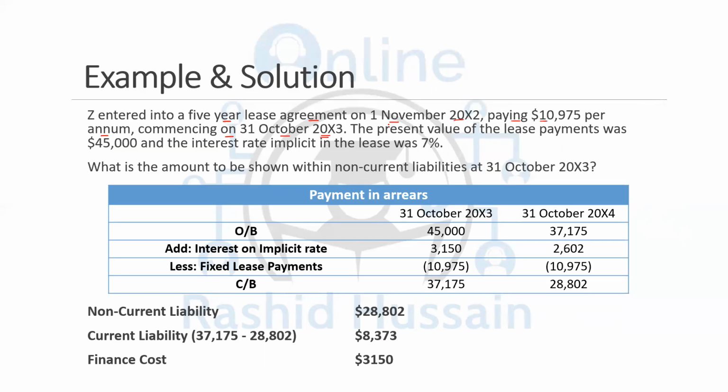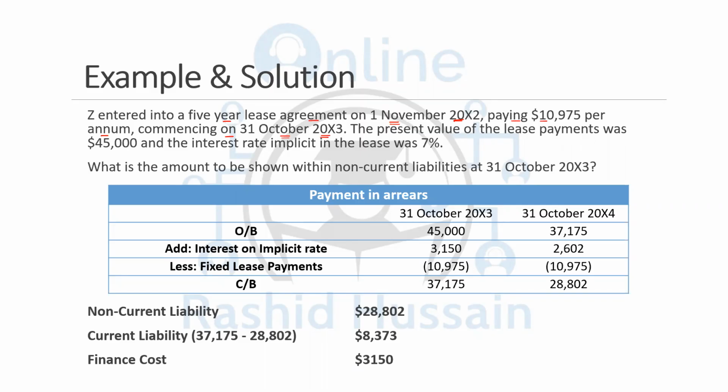See, they are entering into the lease agreement on 1st November 20x2, and they will be making annual payments of 10,975 commencing on 31st October 20x3, which is right after a year. So this difference means they are making payment in arrears.